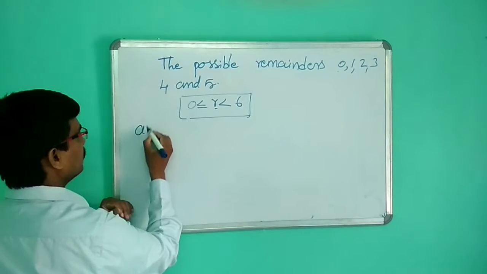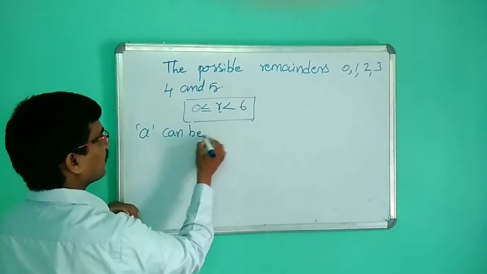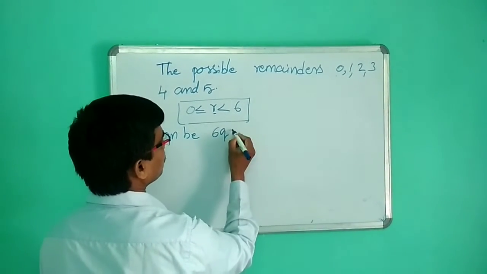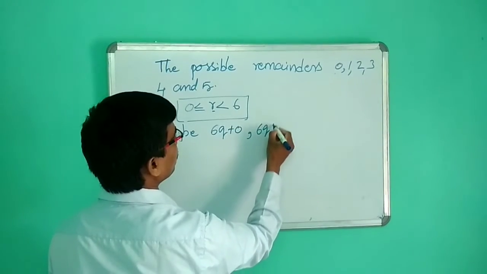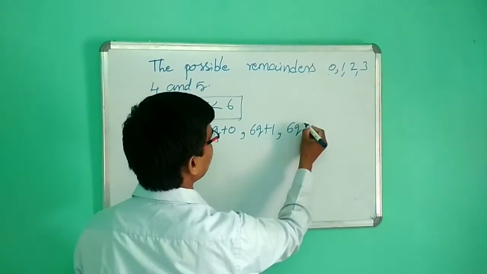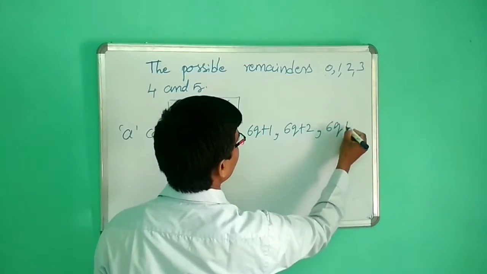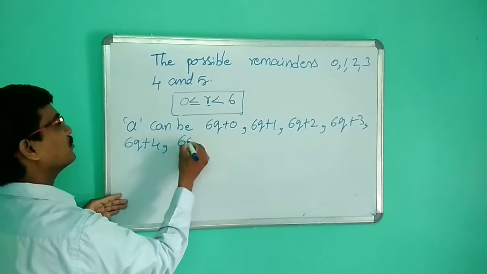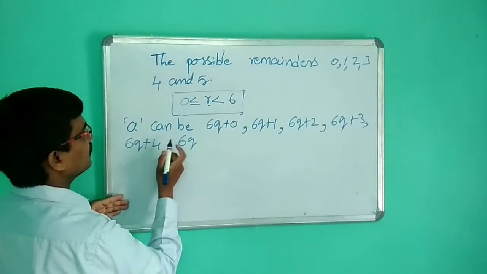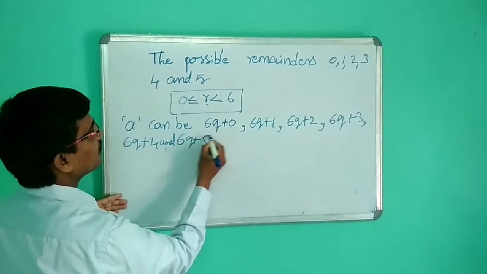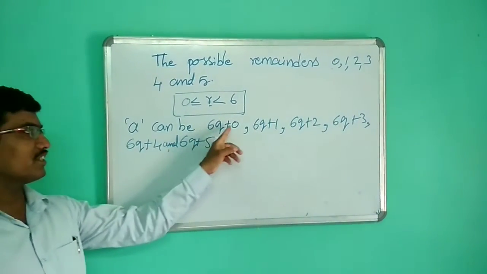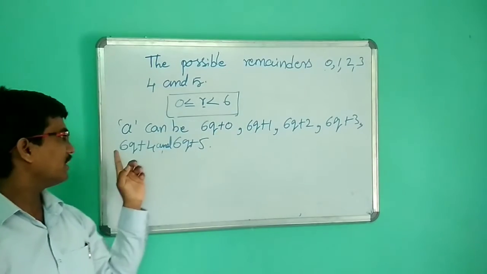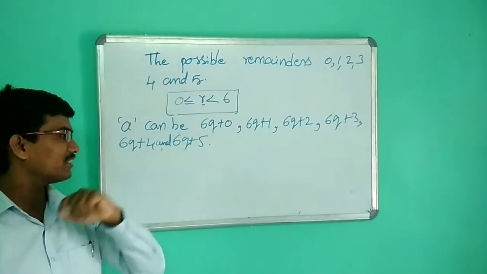Now a can be written as 6q + 0, 6q + 1, 6q + 2, 6q + 3, 6q + 4 and 6q + 5. 6q + 0 means 6q.